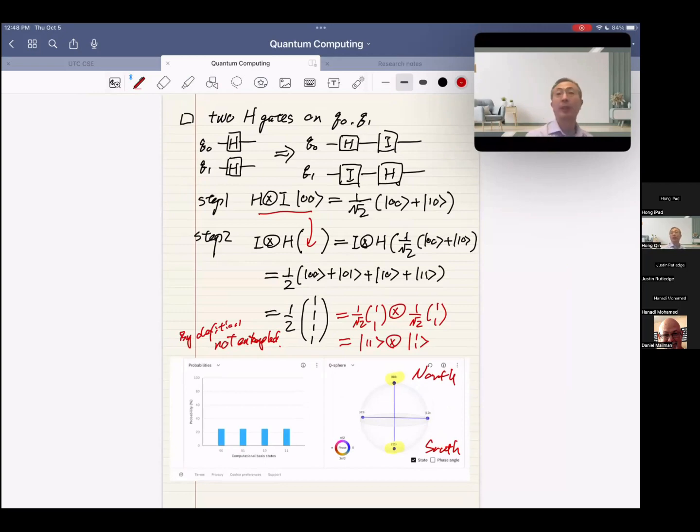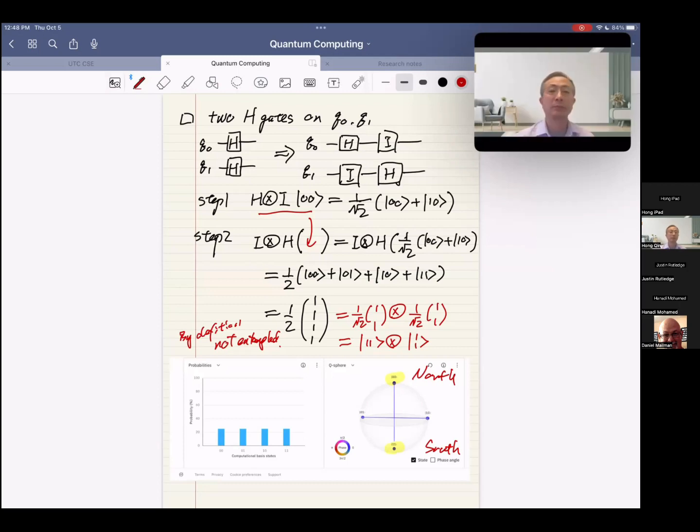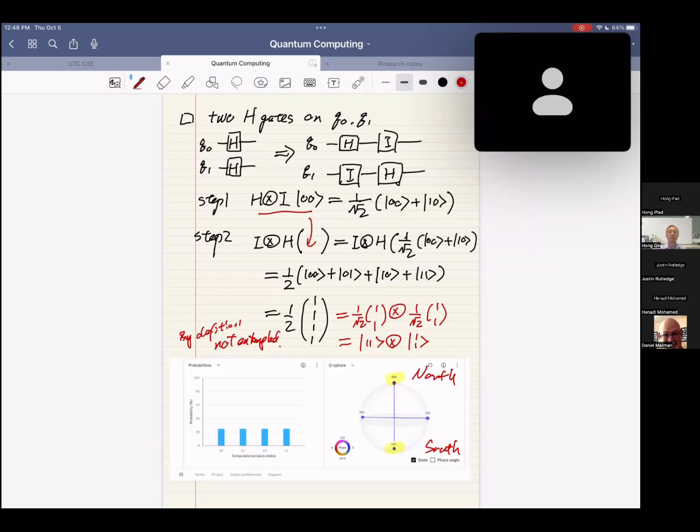So, okay. I have a question, Professor. Yes. In the previous one, we did the normal product where they were in the same line, I mean sequential. But now we have H and I, both of them sequential, right?